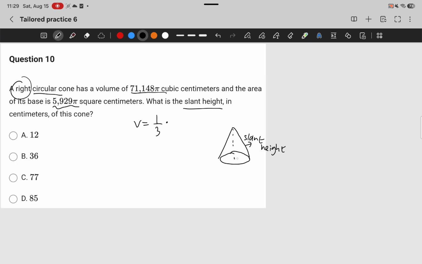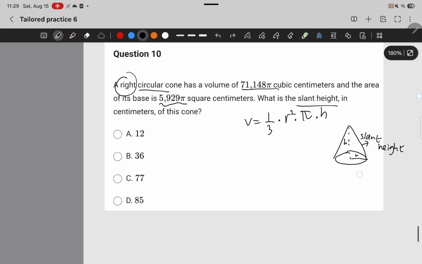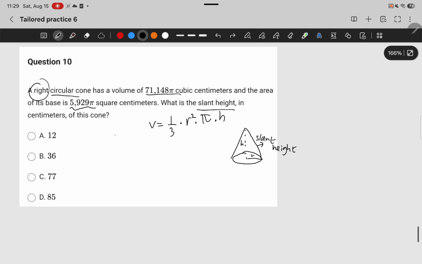So if this is R, it will be πR squared times the height. This height, not the slant. So we got this number. We'll just rewrite this.